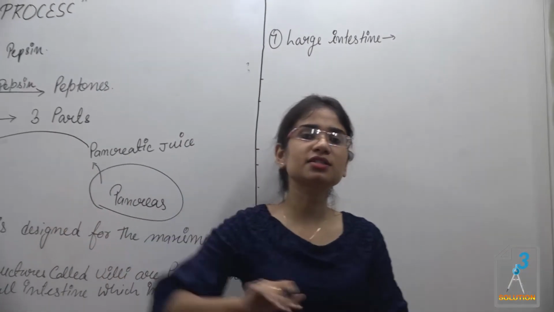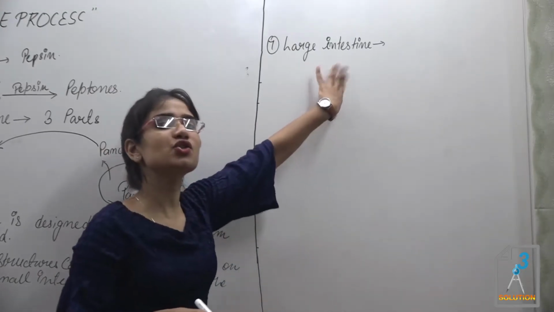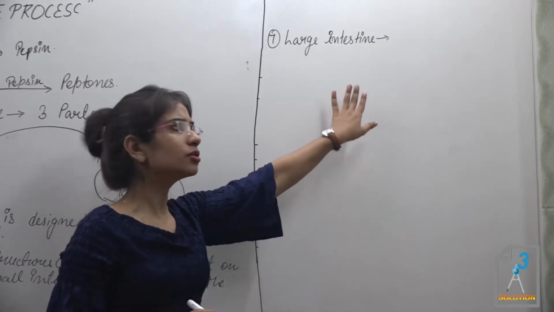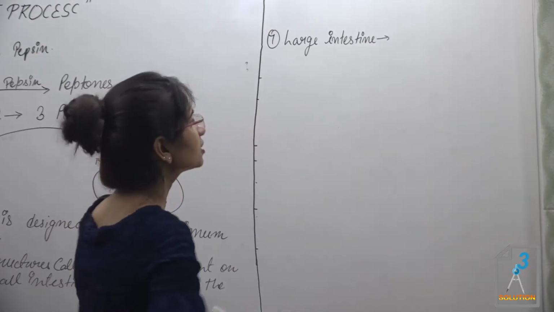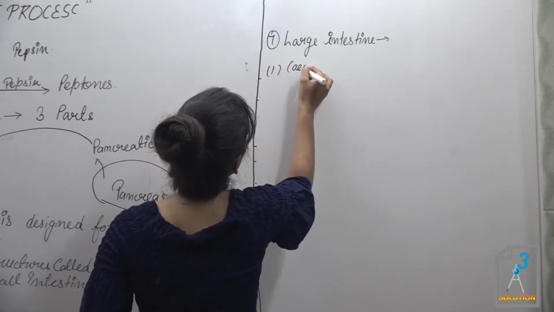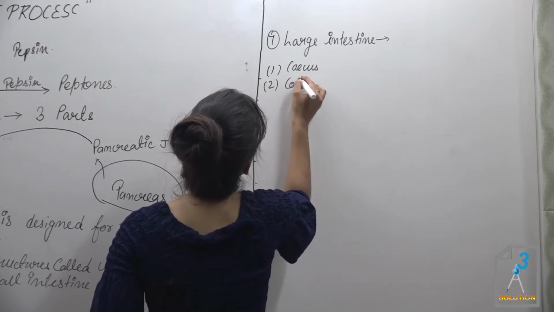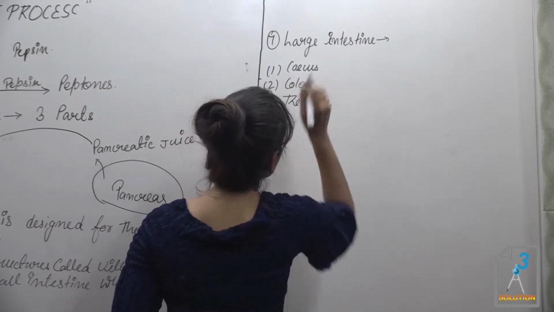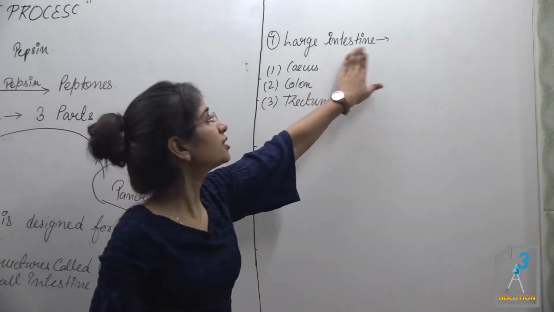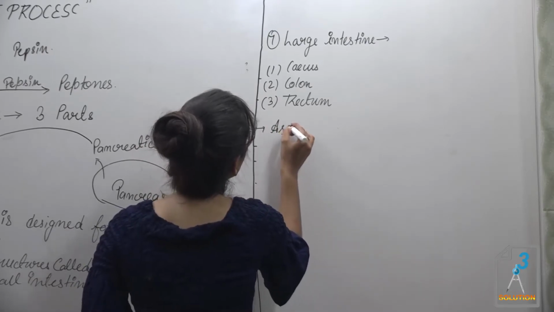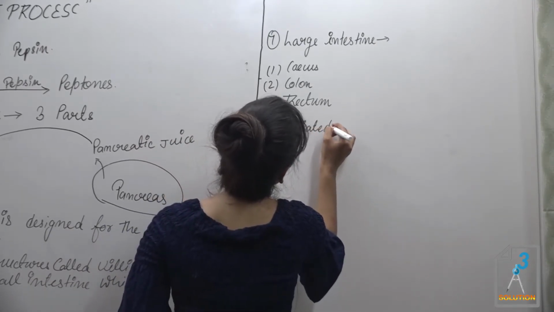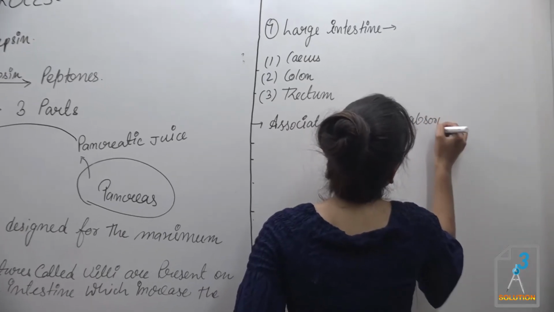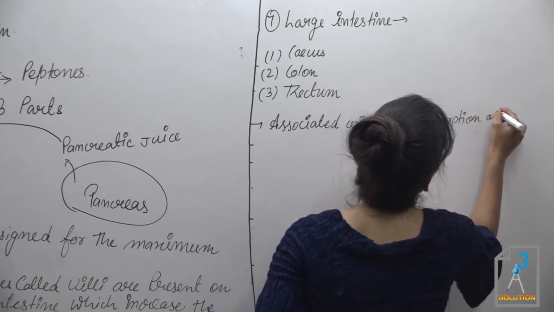After the small intestine, we have the next portion, the large intestine, and this is the last portion associated with digestion in the human body. Same as the small intestine, the large intestine also has three portions: first cecum, second colon, and third rectum. The large intestine is generally associated with the absorption of water.